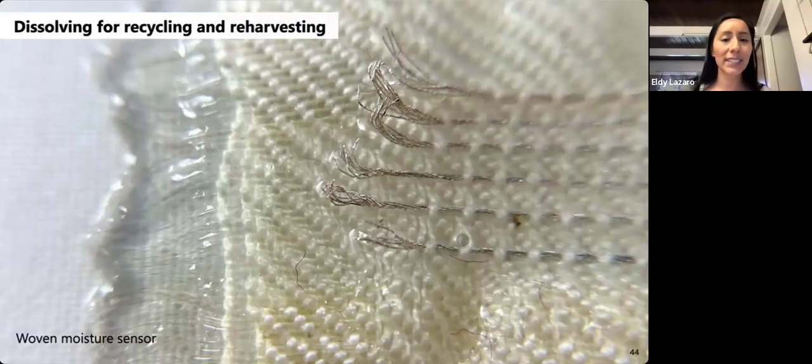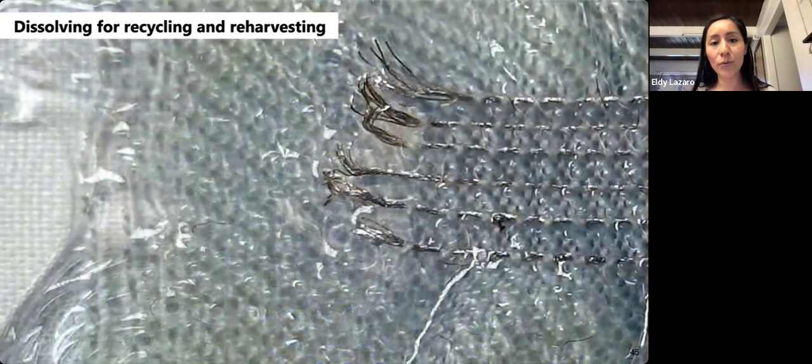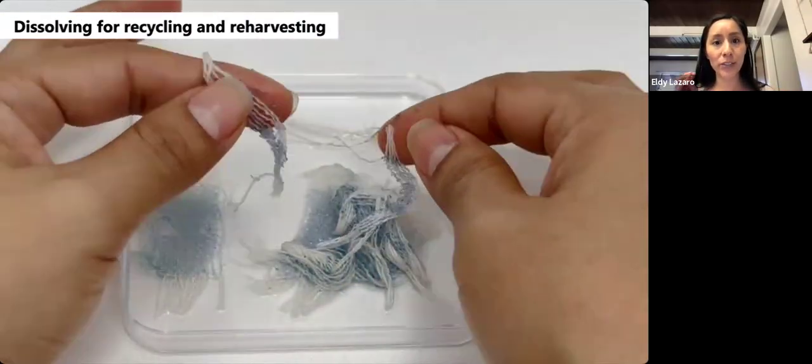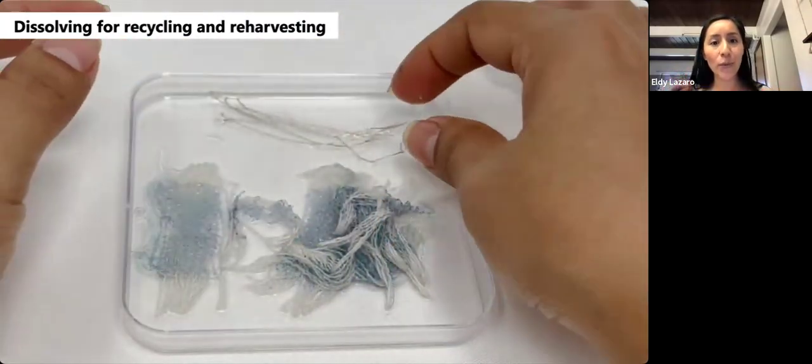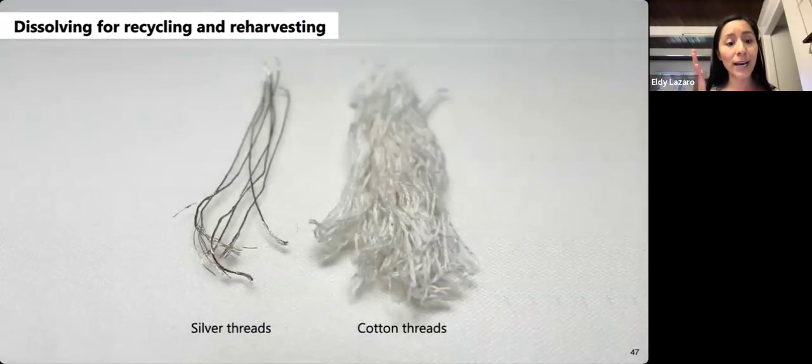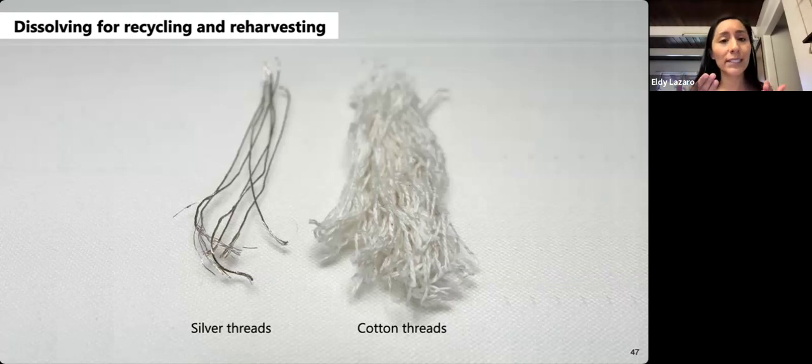The idea of these single-use electronic pieces was that when we don't want them anymore, we can dissolve the gelatin with warm water, and it will enable the disassembly of the woven piece. Then we can have the cotton threads on one side and the silver threads on another side, enabling easy repurposing or proper recycling.